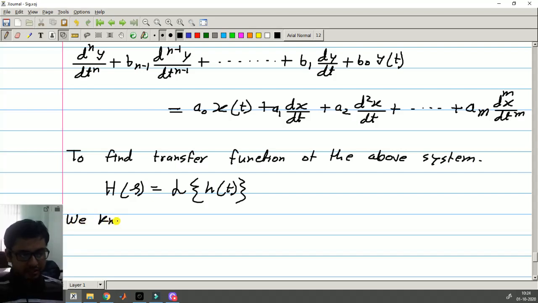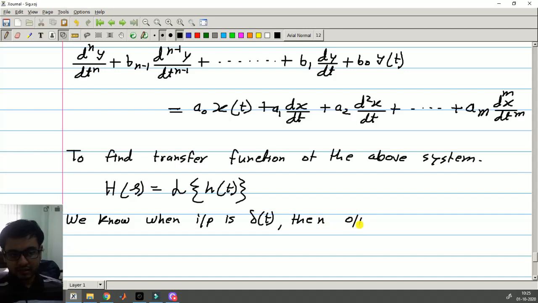We know that when the input is delta(t) under relaxed conditions, then the output will be, by definition, h(t), the impulse response. Therefore, if I replace y with h(t) in this equation, and if I replace x with delta(t), then that should satisfy this equation.